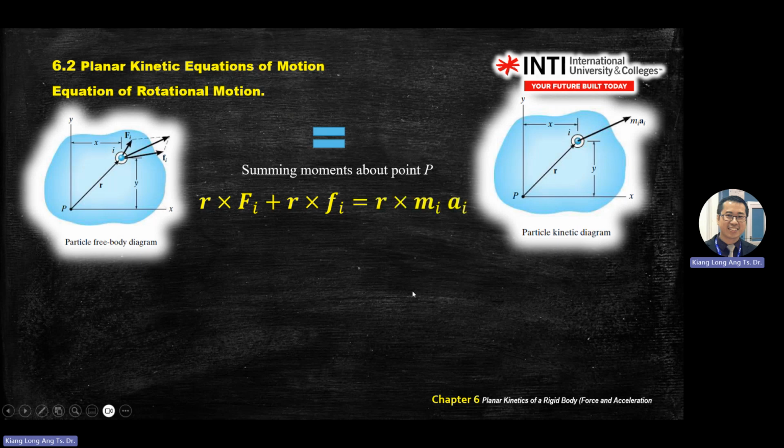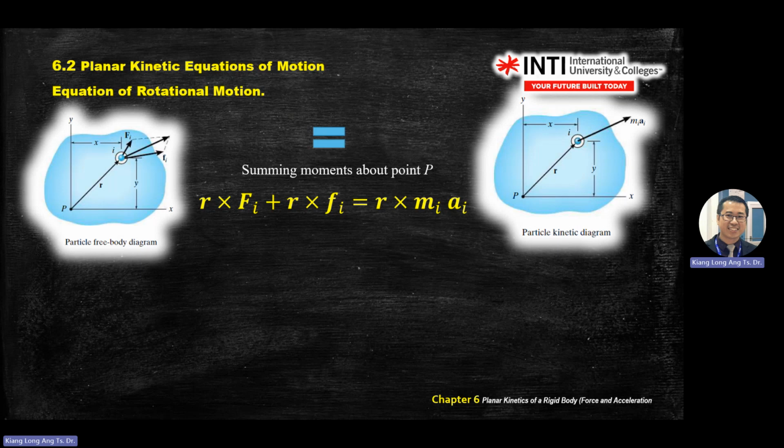The left-hand side is the left-hand diagram. The right-hand side is the right-hand diagram, still calculating moment. So the moment is r cross this force. But in this case, this is the kinetic diagram. In the kinetic diagram you only see mass and acceleration, so you take r cross ma.